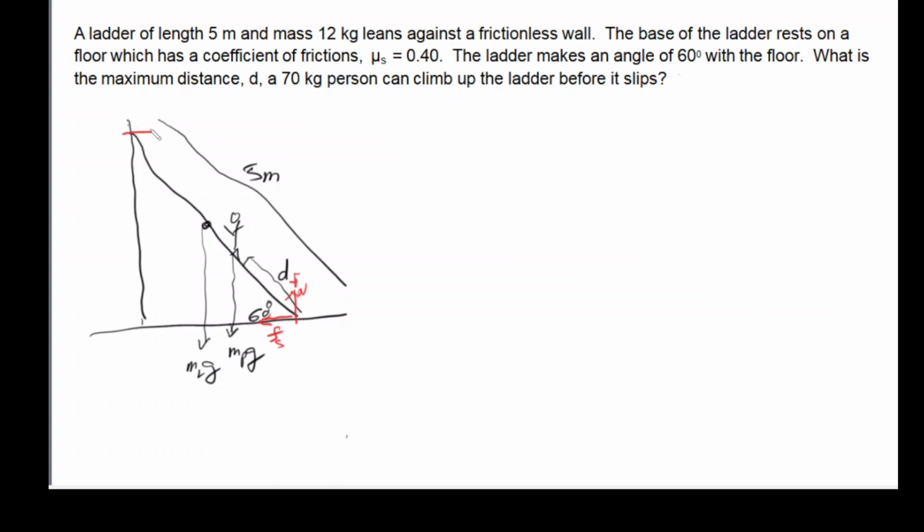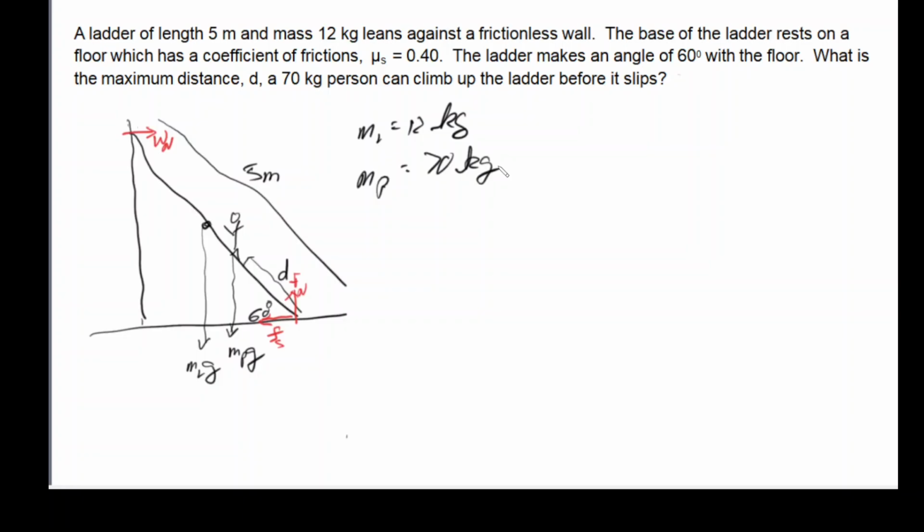And you have a normal force of the wall pushing on the ladder. Call that Wn. And we know the mass of the ladder is 12 kilograms, and the mass of the person is 70 kilograms.